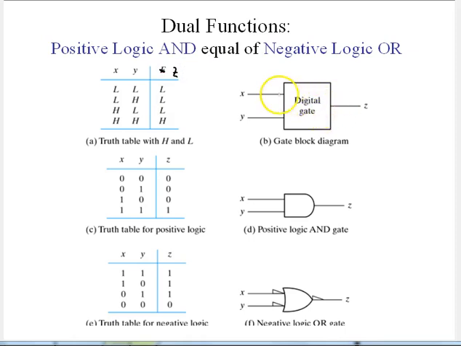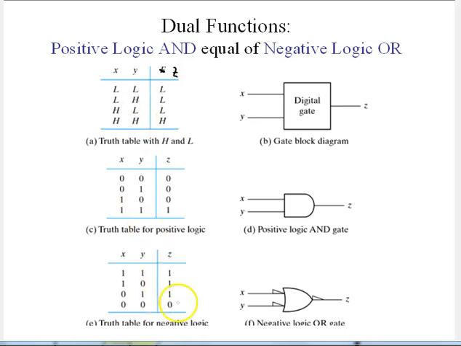If that's what it's defined, and we're using positive logic, then we can substitute in where we have an L, a logic level 0, where we have an H, a logic level 1, and we can see what we have is the truth table for an AND gate. So that would give us this gate symbol for a positive logic AND. If we were using negative logic, we'd substitute a logic level 1 for a voltage level L, or low, and a binary logic 0 for a voltage level high.